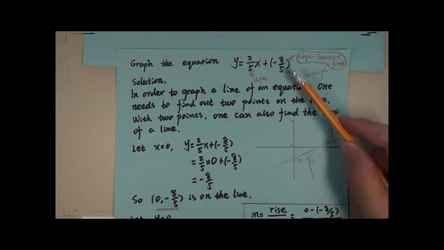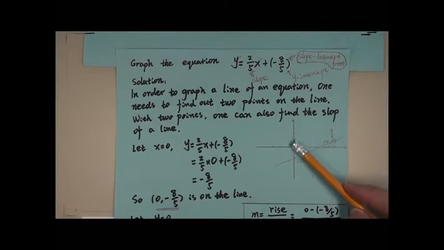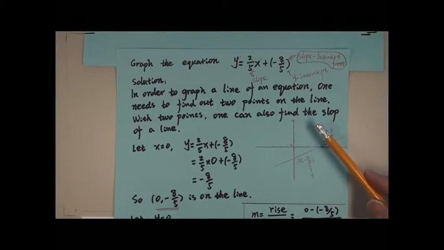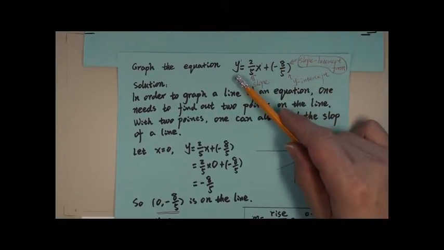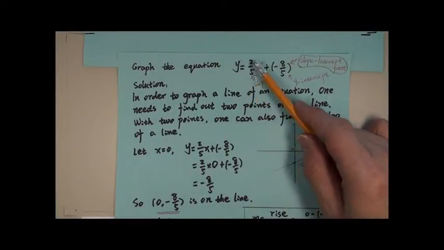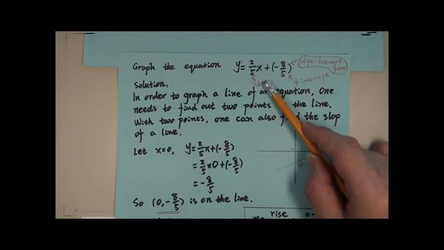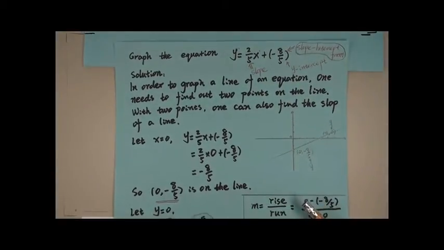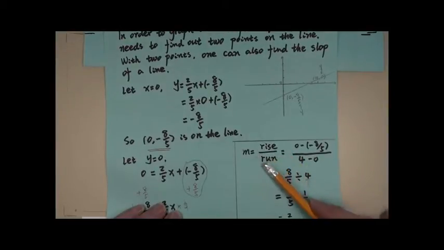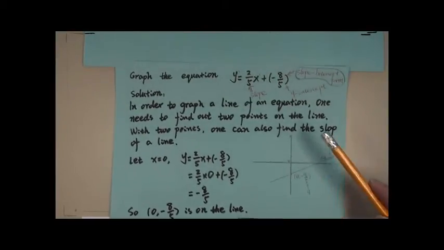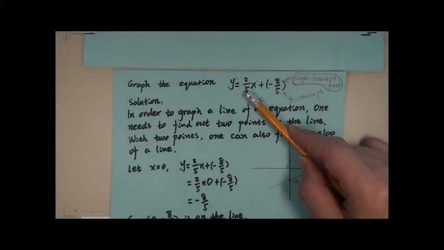If it's positive, that's above the x-axis. But anyway, if y stands alone on one side of the equation, the coefficient of x will be the slope. You don't need to do this rise over run anymore. So you do it in an algebraic way.